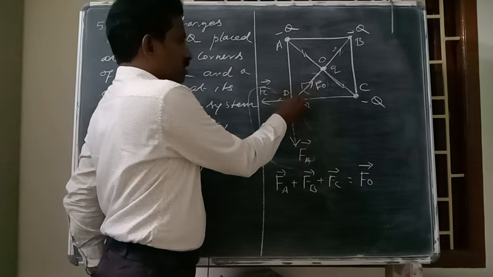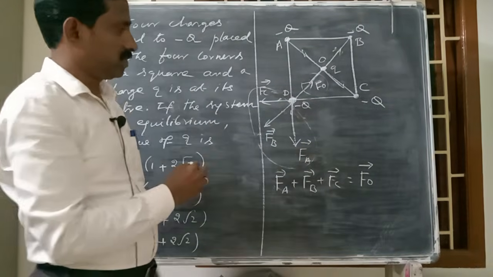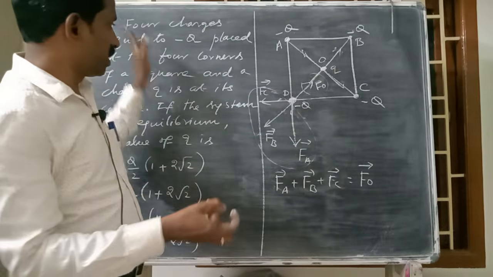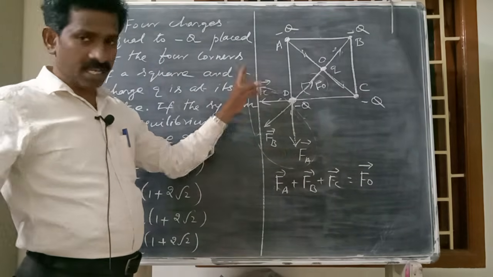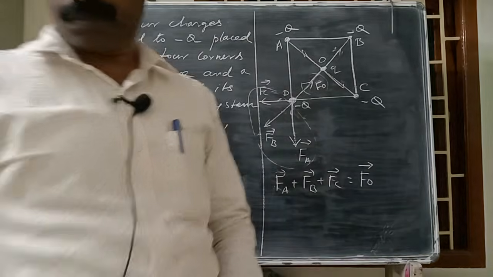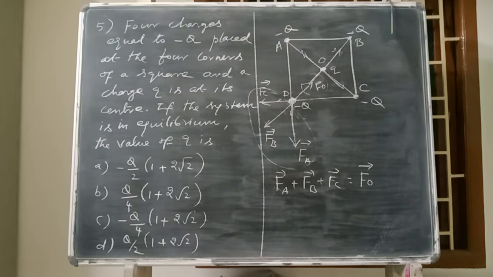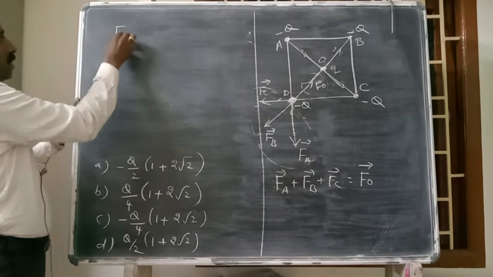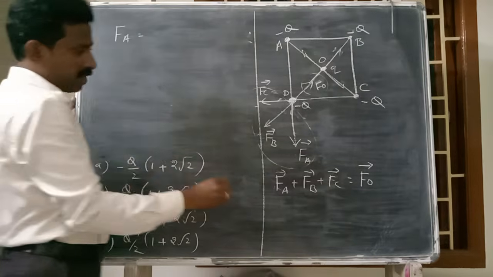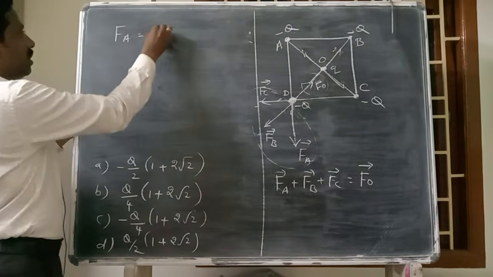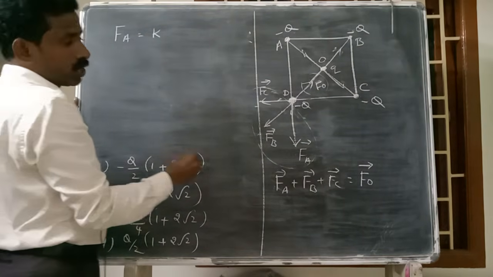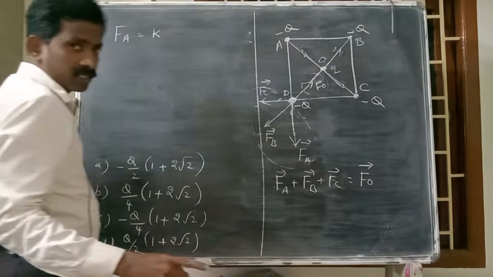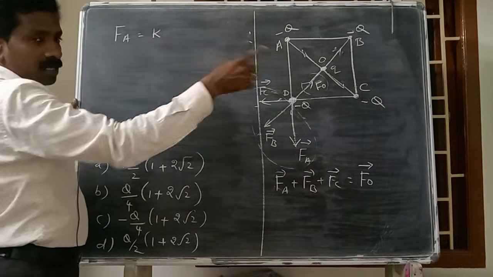See, these 2 forces FC and FA are acting in different directions, but they are equal in magnitude. First let us write the values, then we can see how they are equal. What is the value of FA? Here I am writing only the magnitude: K into Q1 into Q2, where K is a constant, 1 by 4 pi epsilon naught. If you multiply these 2 charges, minus into minus is plus, and Q into Q is Q squared.